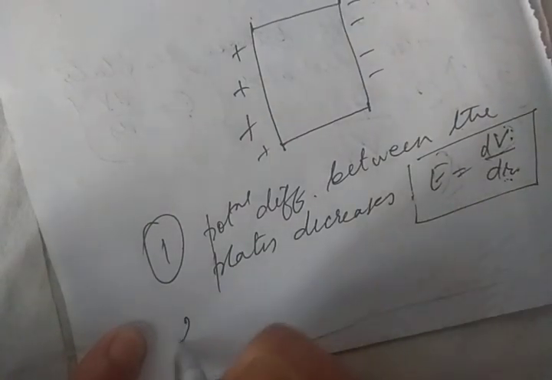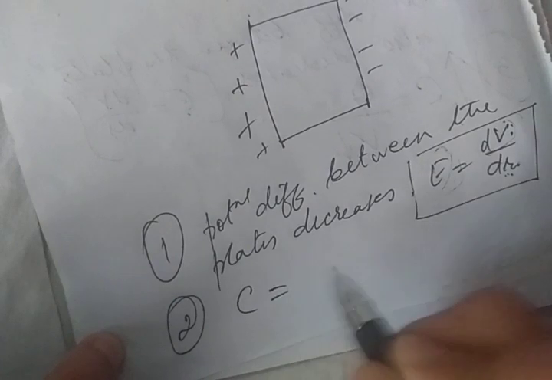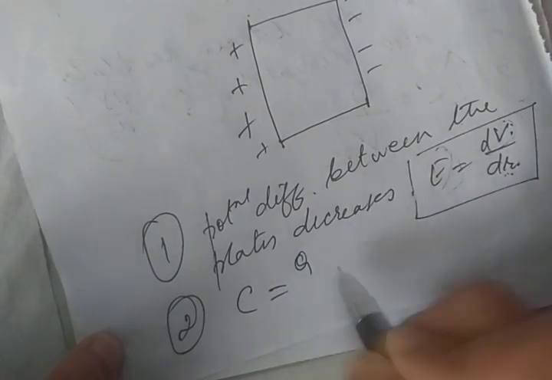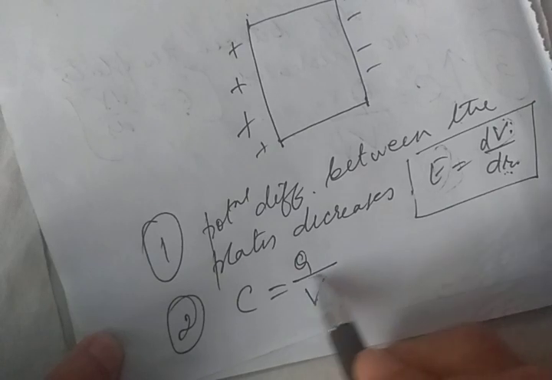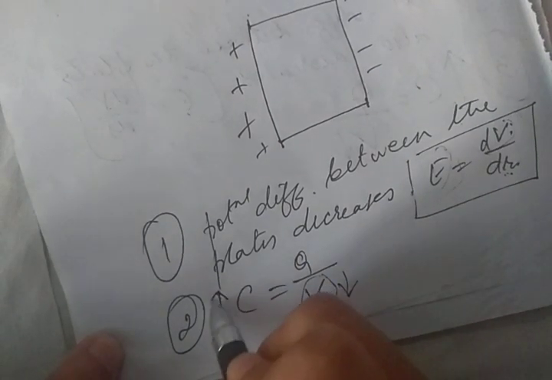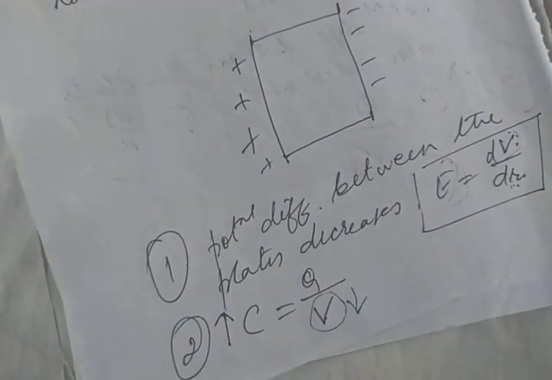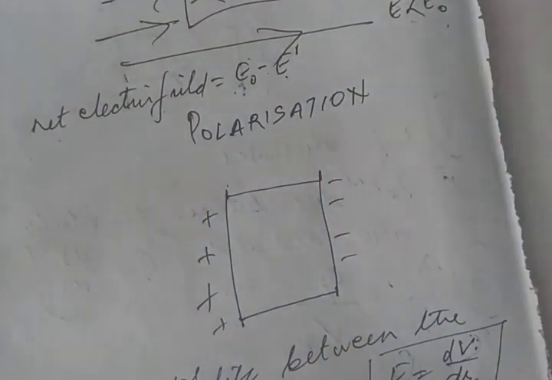Now, when the potential difference between the two plates decreases, the very next thing that happens is, since we know C is Q by V, where V is the potential difference between the two plates, when V decreases, the capacitance of the capacitor increases. A capacitor is a device which is used to store charges.